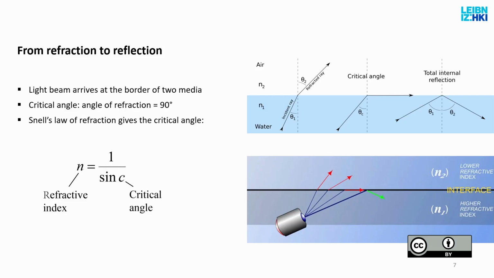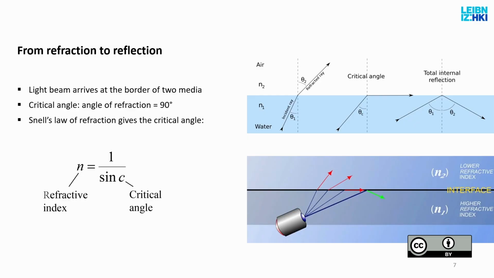Now, there's another very interesting, optically very interesting consequence, namely that because the ratio is the ratio between two sine functions, the sine functions max out at 1. This also means that there has to be an angle which, if we go from an optically denser medium to an optically less dense medium, for example, water to air, there has to be an angle where the light will bend at 90 degrees.